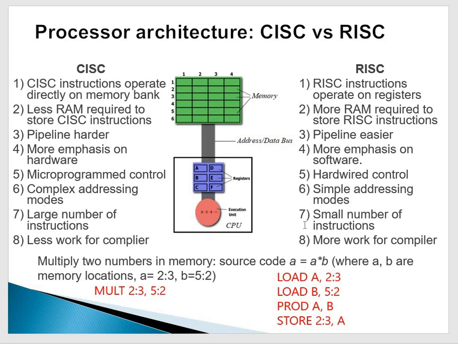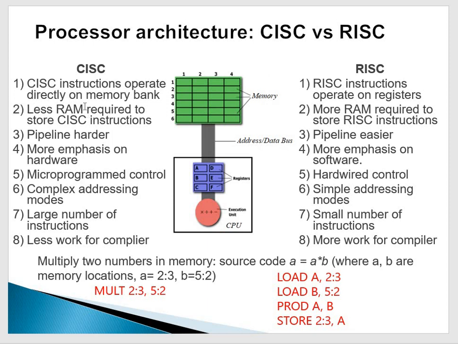But on the other hand, in case of RISC, the instructions cannot operate directly on the memory, they can operate only on the internal registers. That is why initially data has to be loaded for the number A, then for the number B, then the multiplication is performed and the result is stored to the external memory.